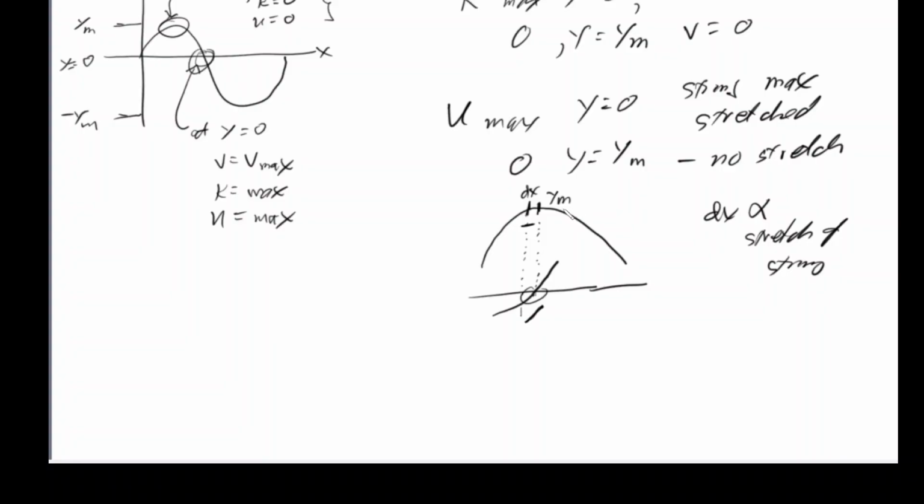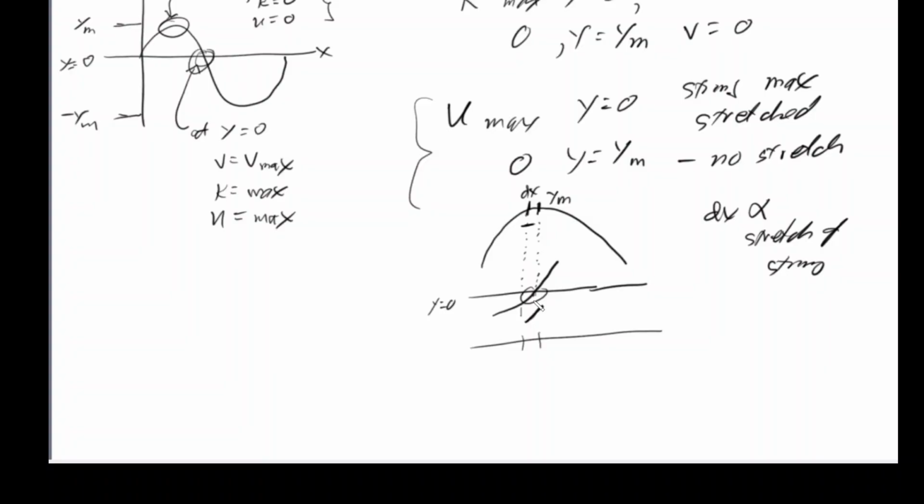So at ym, the segment of string approximates more closely the flat string, whereas at y equals 0, the string is actually stretched more. And that's why you have these values of potential energy. It's maximum at y equals 0 because you have more stretch in the string.